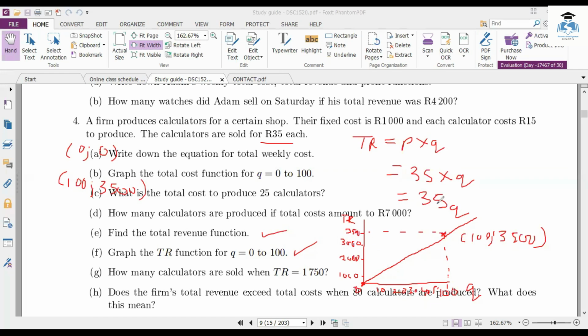So you say 35 times 10, that's 350. So 10 and 350, you mark it on the graph. You mark another one, and another one. These points just assist you so that you can plot your line straight, but these two are enough even to plot your graph.